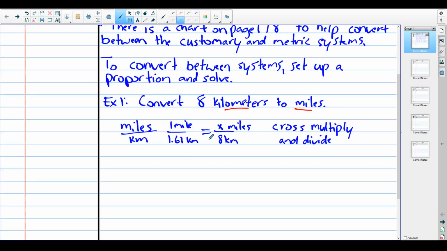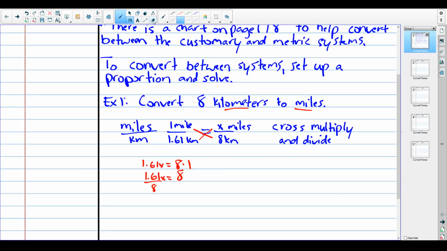So if we cross multiply, we have 1.61 times x equals 8 times 1 on the other side. 1.61x we can't do. Hello, new people in the chat. Thanks for being here. 8 times 1 is 8. That was easy. So then we're going to divide both sides by 8.